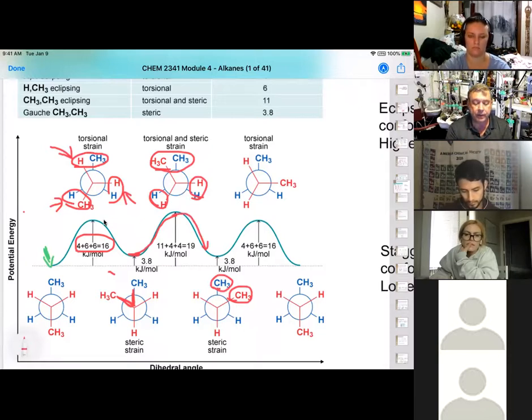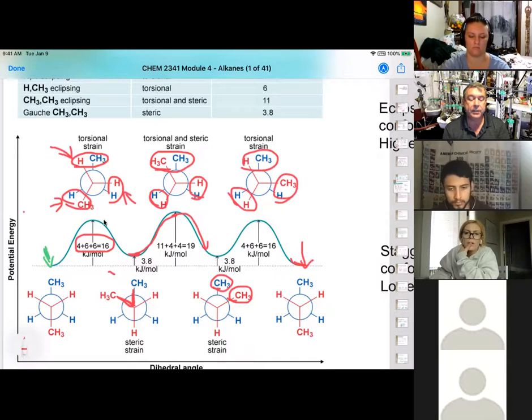And then going again, staggering again, this is 4, this is 6, this is 6, giving us our 16, until we finally have rotated 360 degrees to get us back to our anti-configuration at the end, okay?